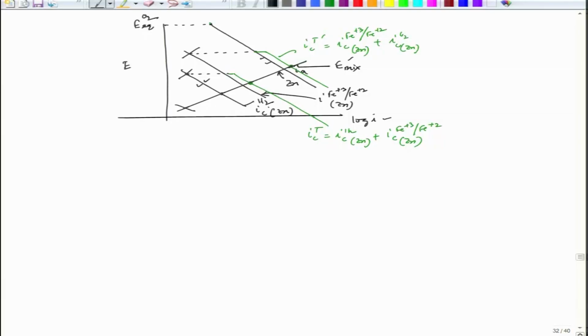So, we will see that part in the next class, where we will be solving one problem. Now, this is one typical situation where even though there are 3 cathodic reactions, one cathodic reaction is not participating.